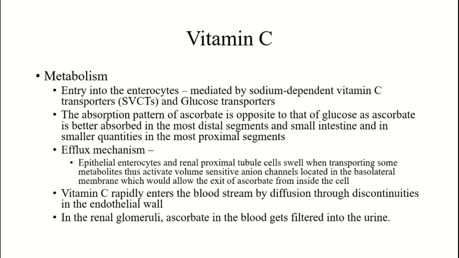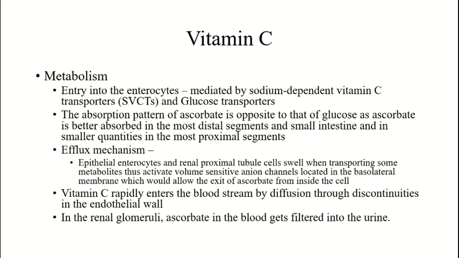One hypothesis holds that the epithelial enterocytes and renal proximal tubule cells would swell when transporting a certain number of metabolites. This process could activate volume-sensitive anion channels, or VSAC, which are typically located on the basolateral membrane. This would allow the secretion or exit of the ascorbate from inside the cell.